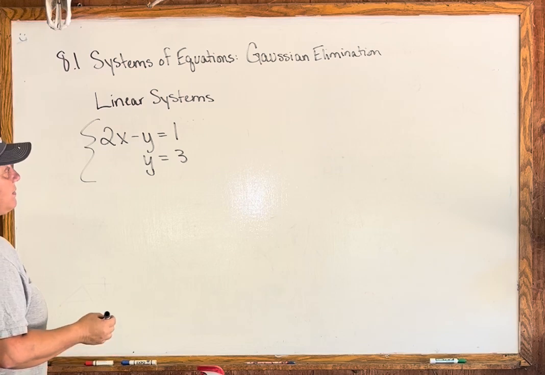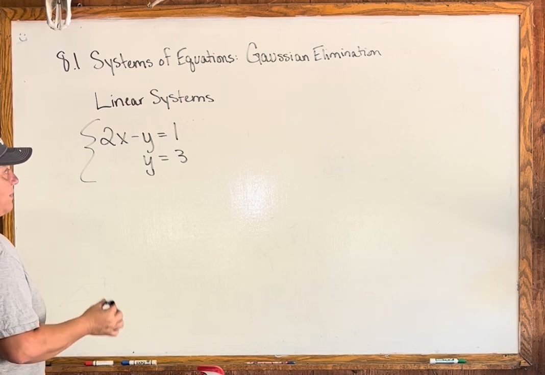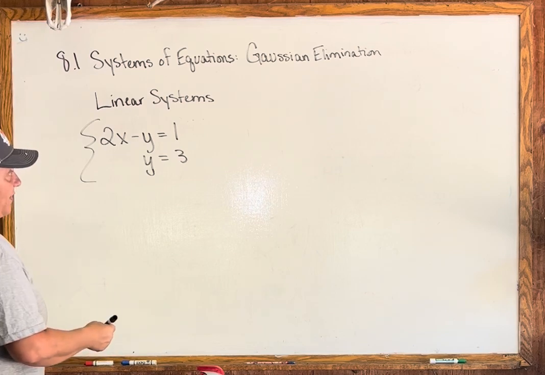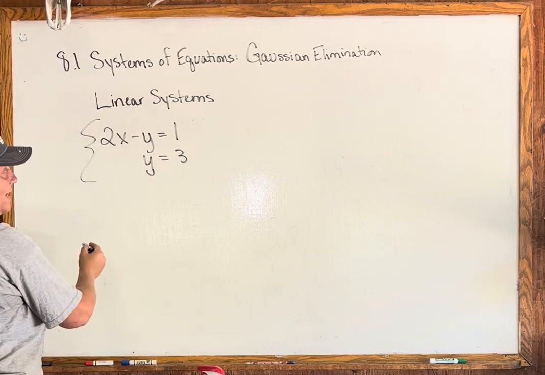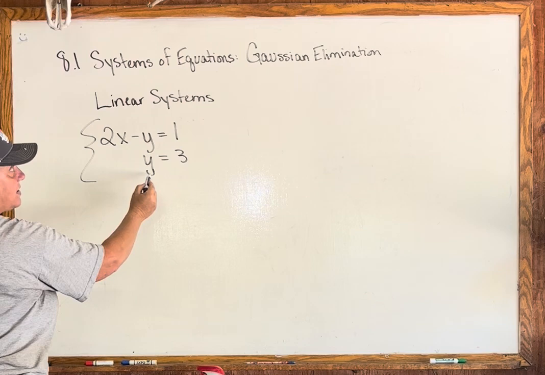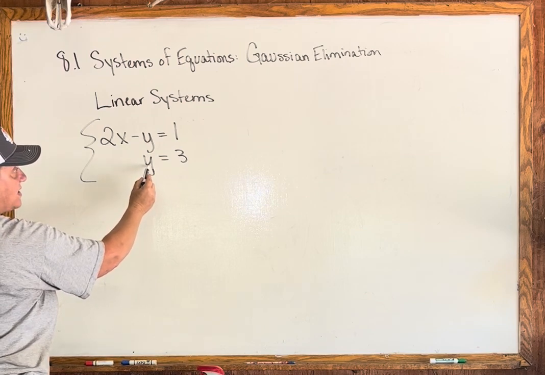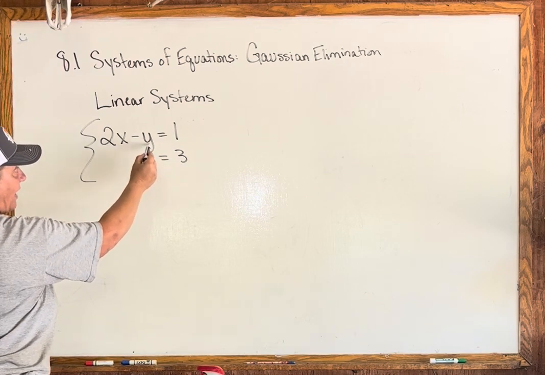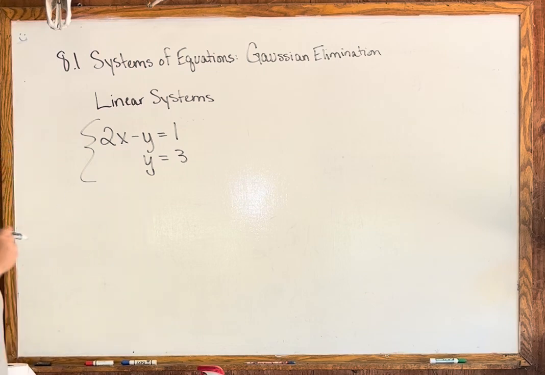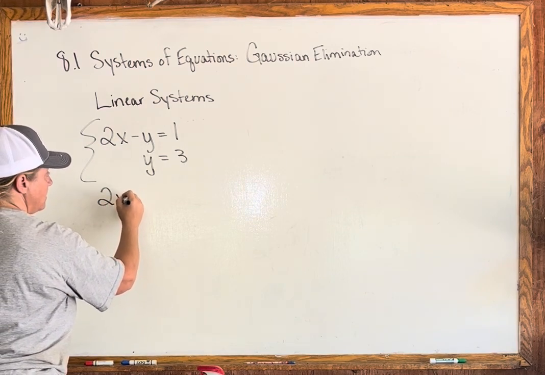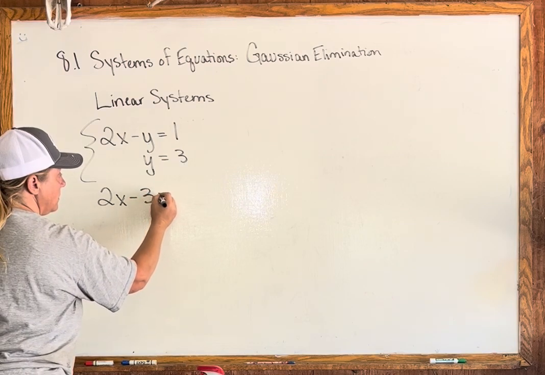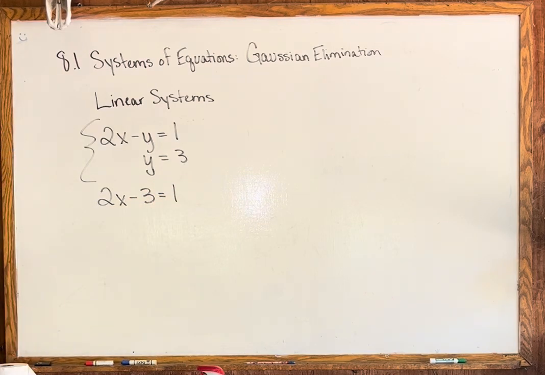Gaussian elimination is where you eliminate one variable after another variable. Right now, as you can see, it's got both x's and y's in it. But if we use substitution, where we take this y equals 3 and stick it there, all of a sudden the y's disappear. So we can use substitution to easily come up with a single equation that only has one variable.